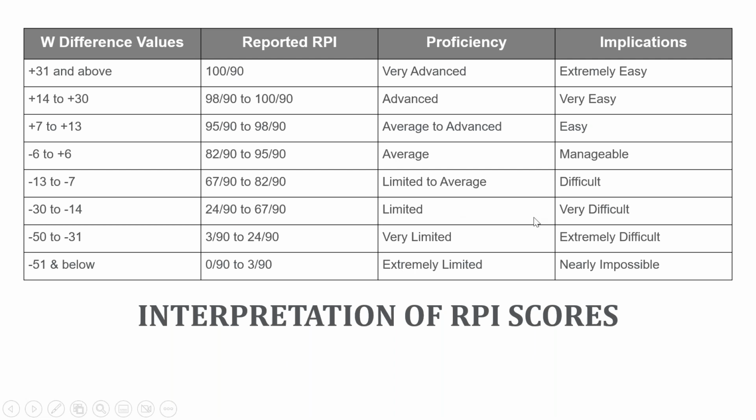And it's likely that they're going to find tasks of a similar sort very difficult. So it provides us a way to explain performance beyond just outlining a standard score. It provides additional context. It explains what it might look like for them in the classroom in a specific area or on a specific task.